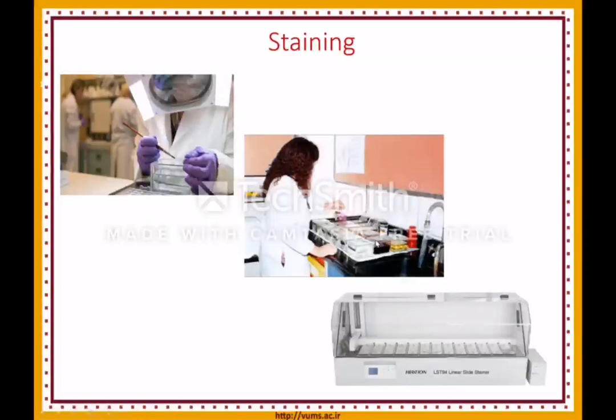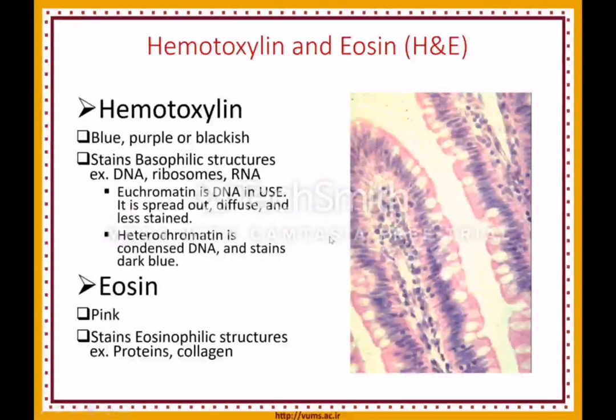But in most laboratories, the staining is done manually, where one person moves the slides through different jars, and finally the tissue is stained. In the last steps, the water that we removed from the cell in the first step is returned to the cell by alcohol that decreases in concentration. Hematoxylin and eosin is a general staining used in histology. Hematoxylin has a blue, purple or blackish color.